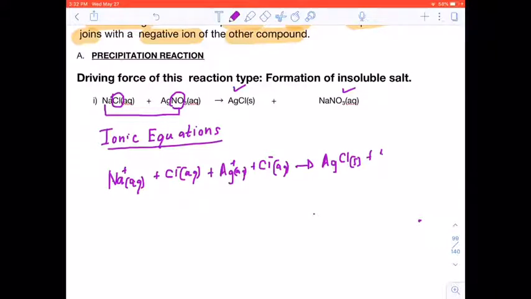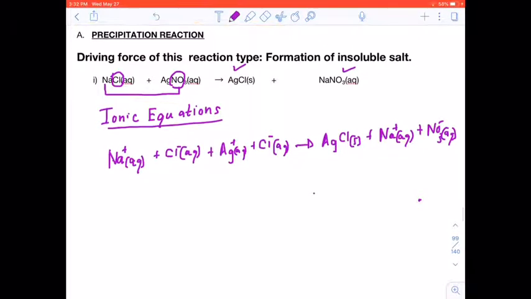And sodium nitrate is soluble, so we write it in its ionic form. So this is the ionic equation.